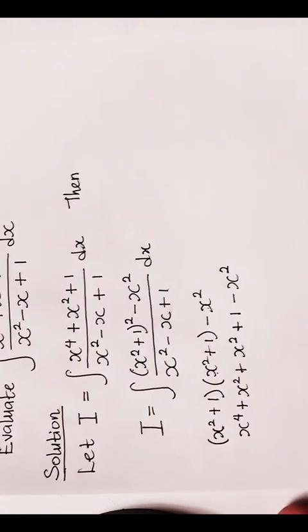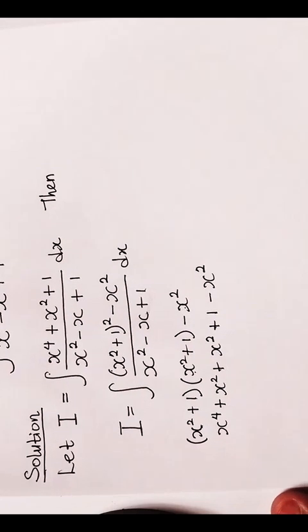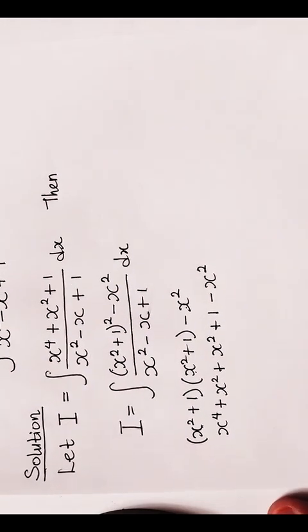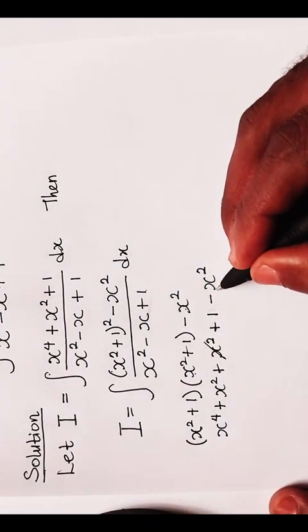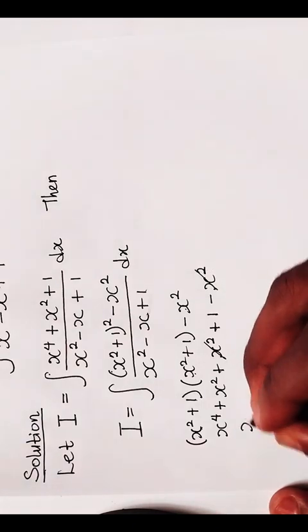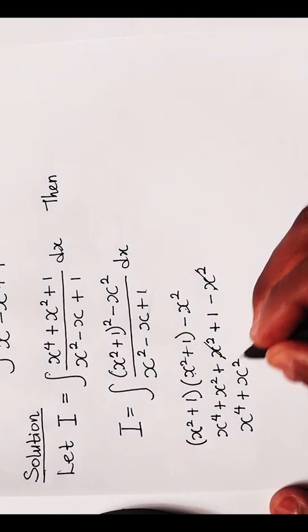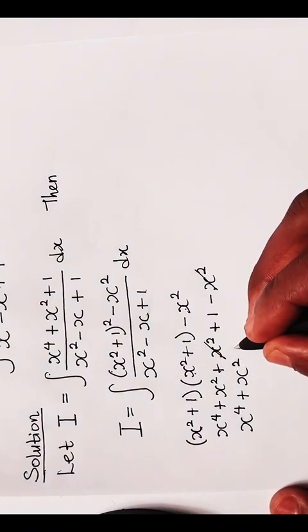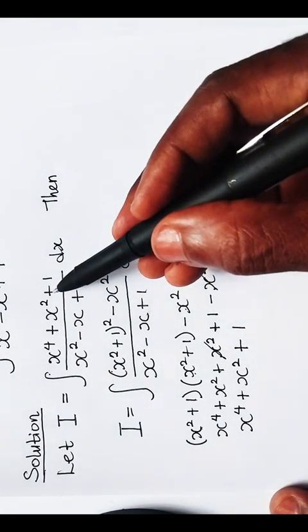If we watch out, this can go with this to give us x^4 + x^2 + 1, which is the same thing as what we have here.